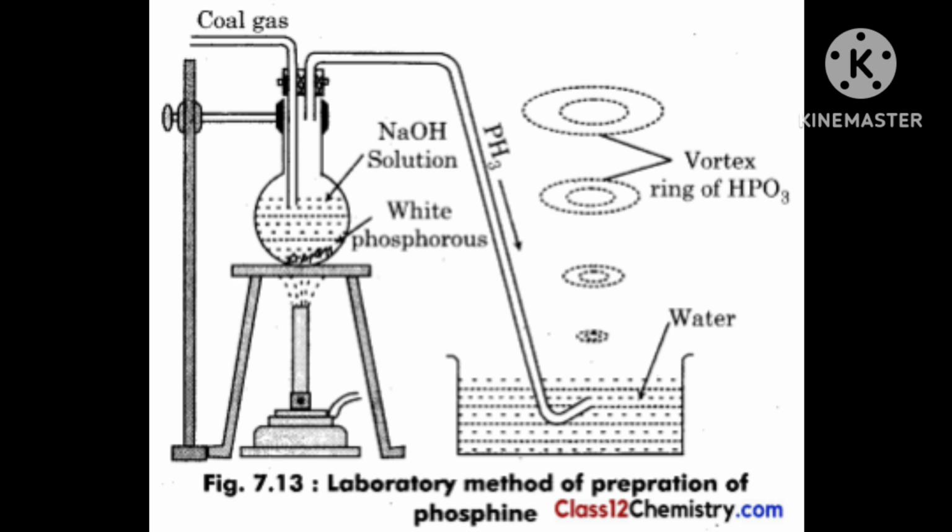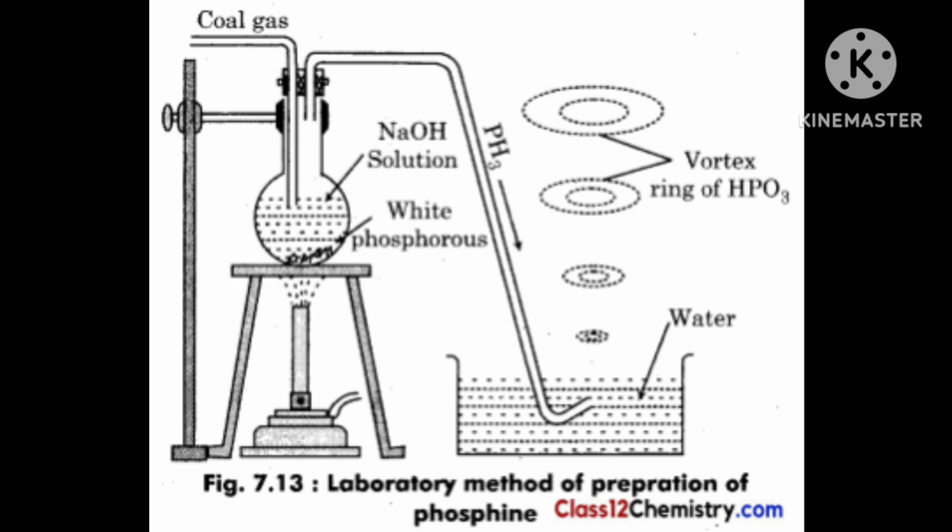The next property is when PH3 is absorbed in copper sulfate or mercury chloride solution, you will get the corresponding phosphides. Now I am telling you the reaction: 3CuSO4 plus 2PH3 gives two products. The first is cupric phosphide, Cu3P2.